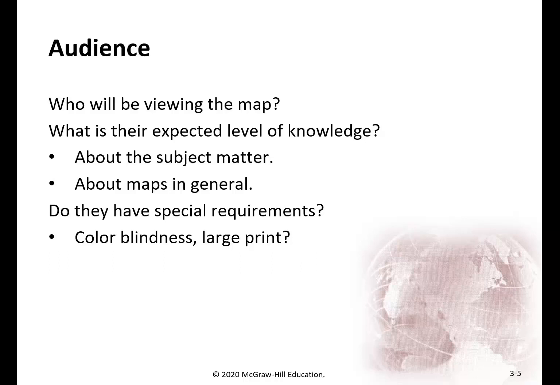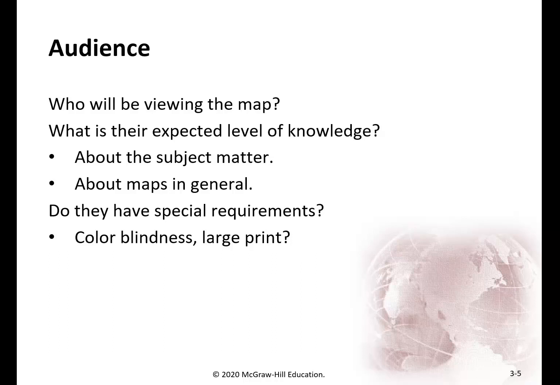So referring back to how we symbolize our maps, if we know that this map is going to go out to a larger group of people, perhaps it's a government map, and we want to make sure that we are creating a map that is inclusive, we might want to take into account people who are colorblind and avoid making a map with symbology that would make it difficult for certain groups of people to read or understand our maps.